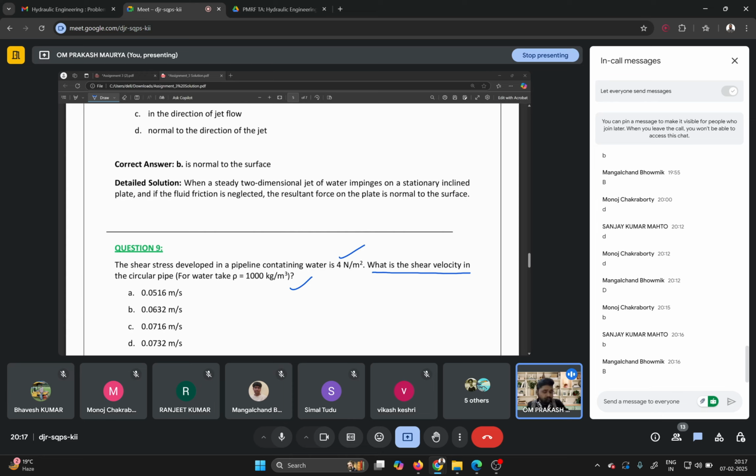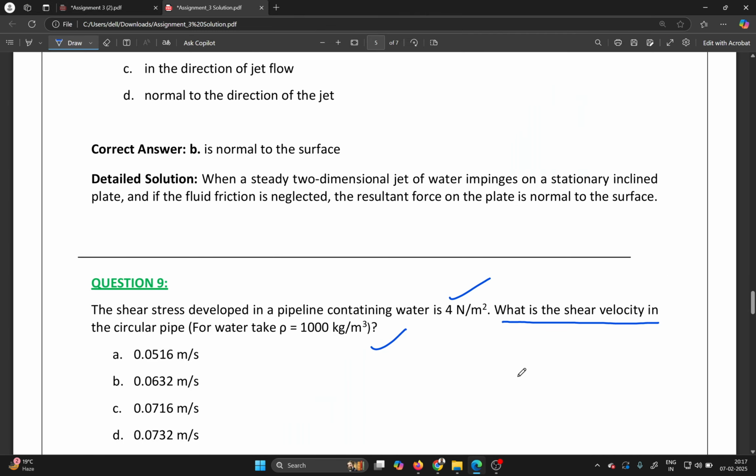Okay, let us discuss this question. Basically, the shear stress developed in the pipeline is given already, that is 4 Newton per meter square, and the density is also given, 1000 kg per meter cube.